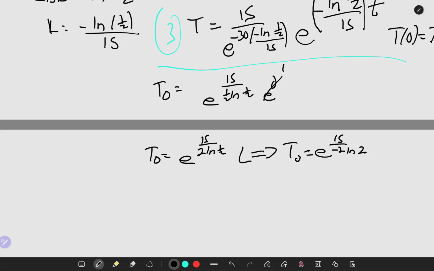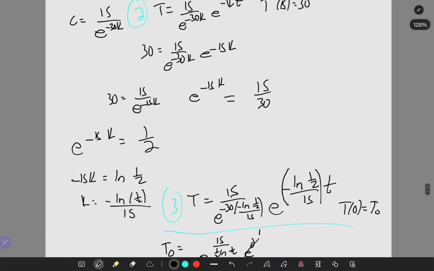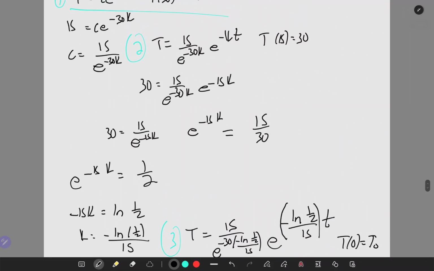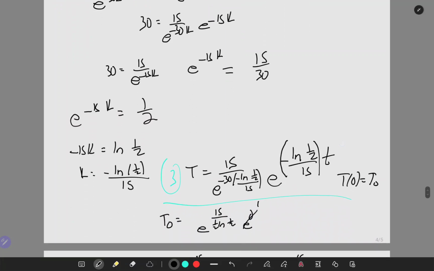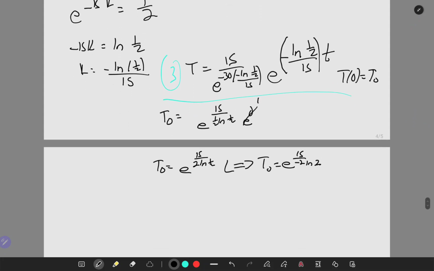30 over 15 is 2, right? Yeah, 30 over 15 is 2. It's negative. I have a sign error somewhere. Let's look. Oh, no, that becomes positive. Oh my god, I see what I did. I was putting it in the calculator wrong.